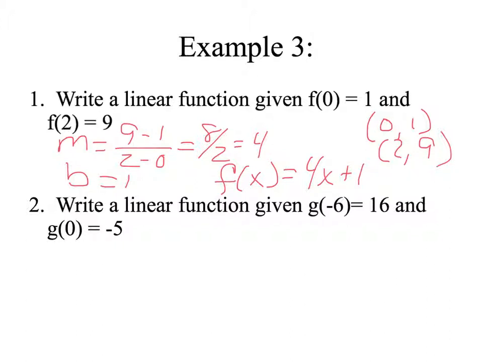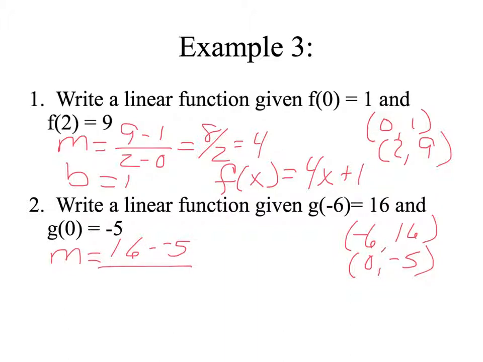So now here in the second problem, same thing. I have the ordered pairs -6 and 16. And I also have the ordered pair 0 and -5. So I'm going to find my slope first. So 16 minus -5 over 0 minus -6, plus positive. So that's going to give me 21 over -6.